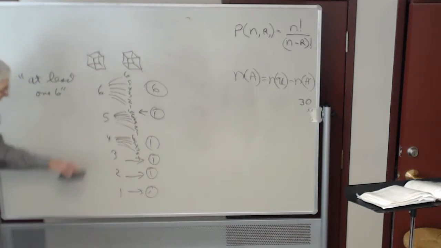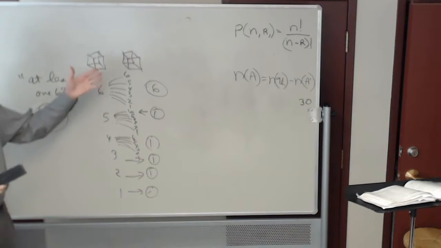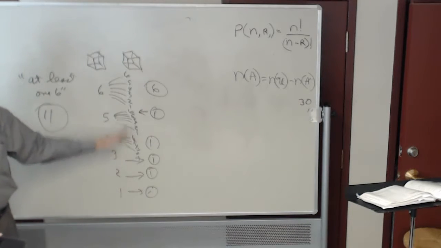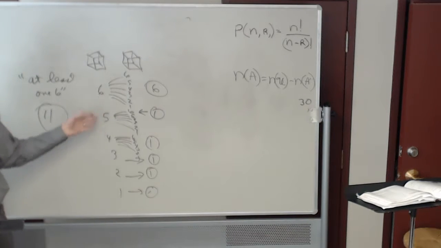So what would that be? 7, 8, 9, 10, 11. You see, if you're not sure how to plug numbers into the formula, you just draw a picture and build a tree and use the sequential counting principle.